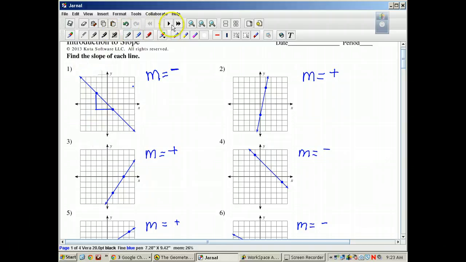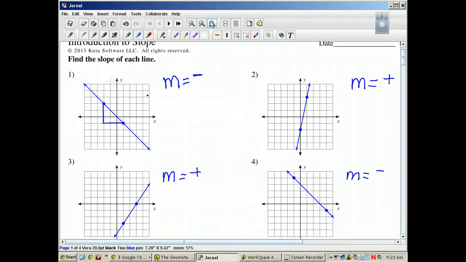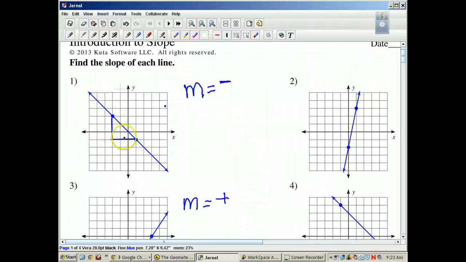But you can draw these like a triangle. Sometimes it helps. All right, so from here to here, how many do we have to go? Negative 3. Because we went down. And from here to here, positive 3. So our answer is negative 3 over 3, which equals negative 1.